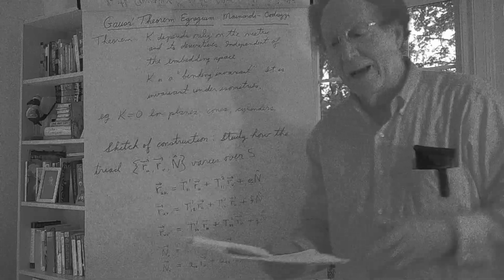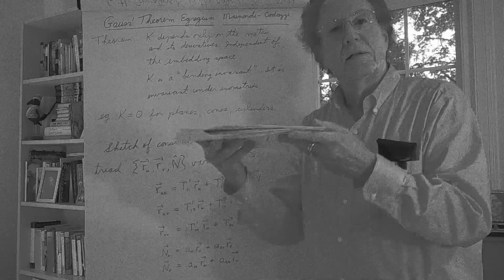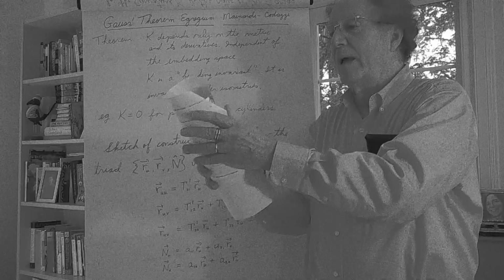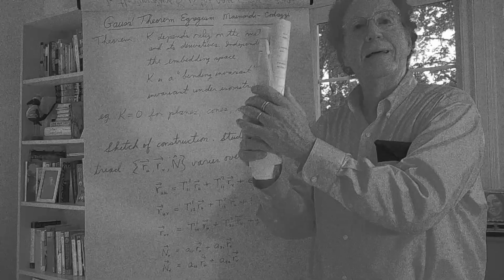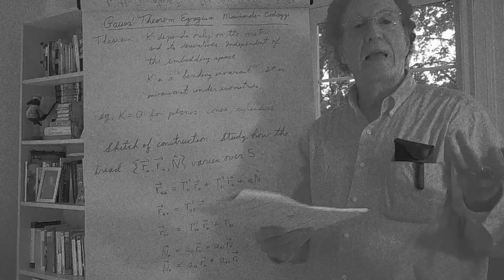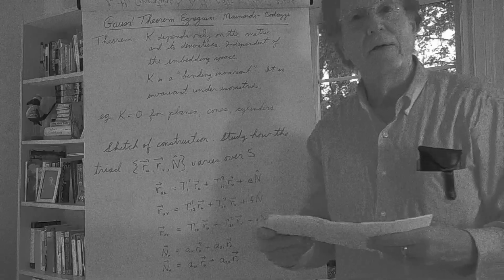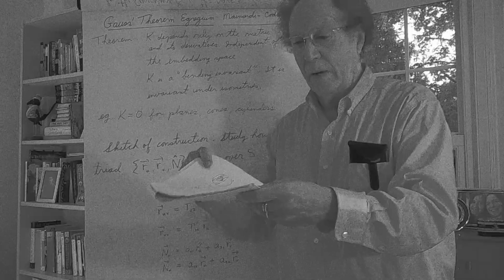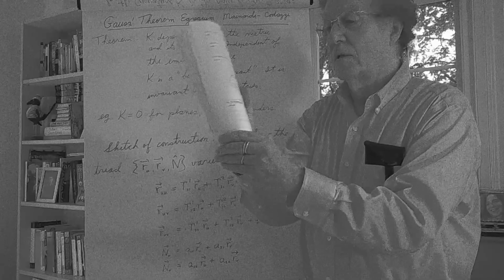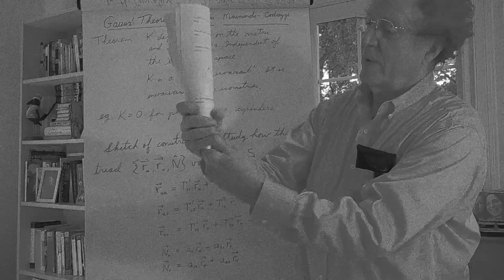Trivial example. Imagine this is flat. So this is just Euclidean 2 space, and then I take it and I wrap it up and I make a cylinder out of it. Bending invariant. So therefore this cylinder has the same Gaussian curvature as the flat Euclidean plane. I might do something else. I might make a cone out of this thing, and try to make a point down here.